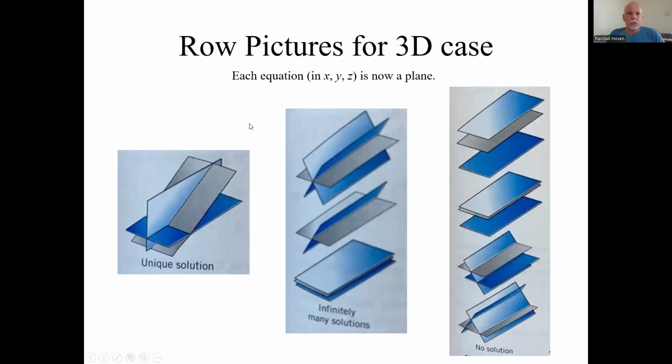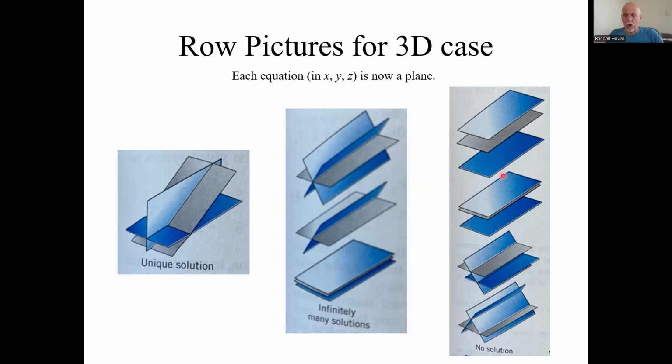Quickly, a couple more pictures. If you went up to 3 dimensions, not just X and Y, but X, Y, Z, that row picture, instead of a line, becomes a plane. And you're looking for the intersection of planes. If they all intersect at a point, that's your one unique solution. If all 3 intersect at, say, a line or a plane, you get an infinite number of solutions.